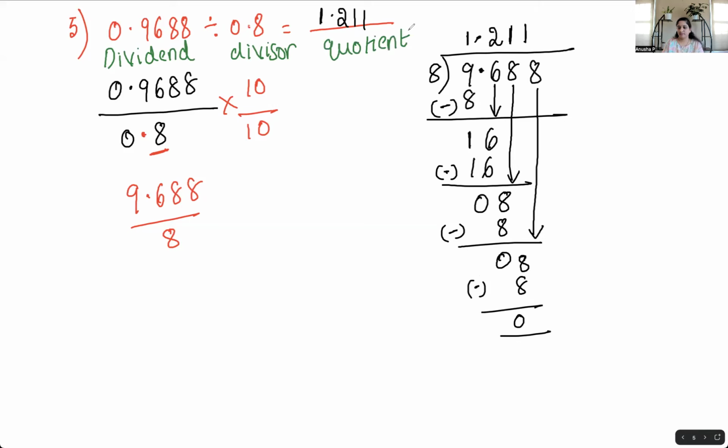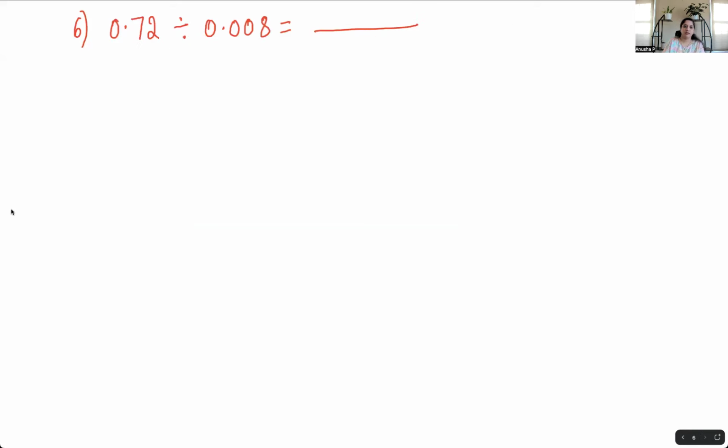I'll explain one more example. It is 0.72 divided by 0.008. So again, 0.72 is the dividend and the divisor is 0.008. In the divisor, after the decimal point, we have 3 decimal places. So 1, 2, and 3.